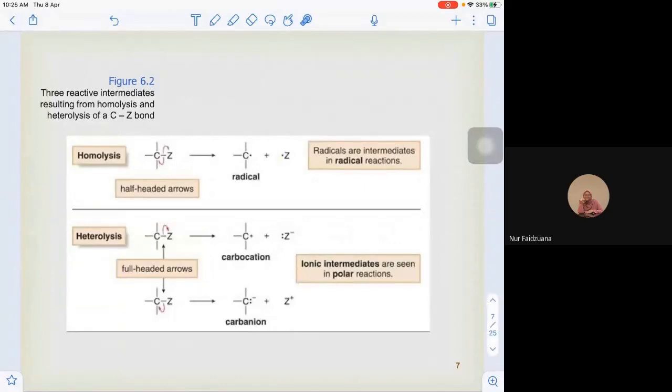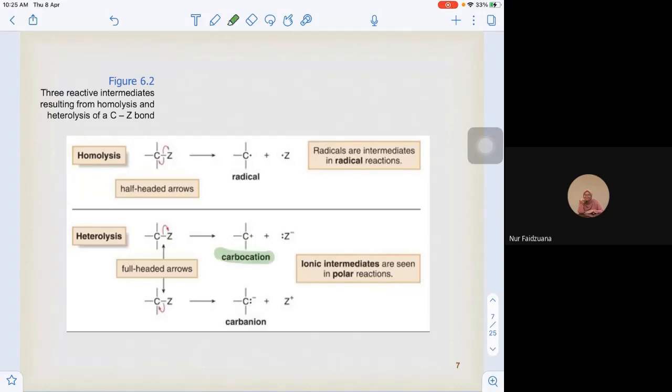However, for heterolysis, let's say Z is more electronegative than this carbon, for example if we have a chlorine or fluorine here, then both of the shared electrons go to the Z. Z turns to Z minus, and the carbon turns to C plus, or what we call a carbocation.